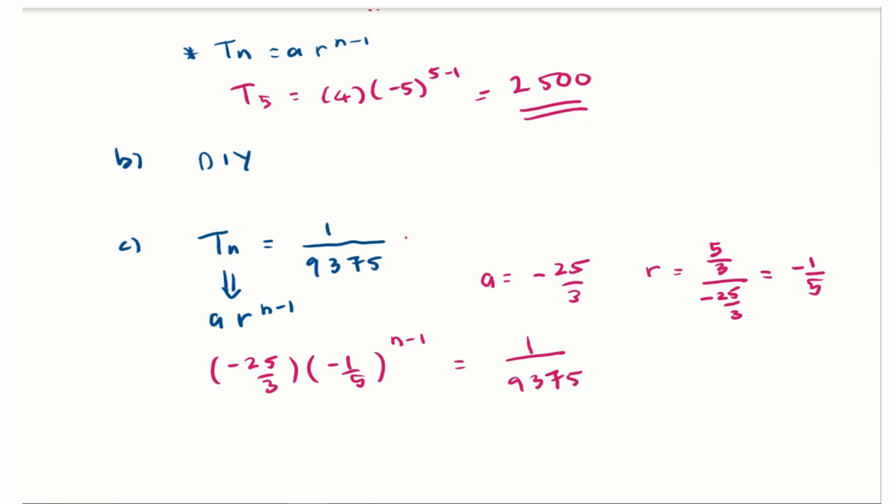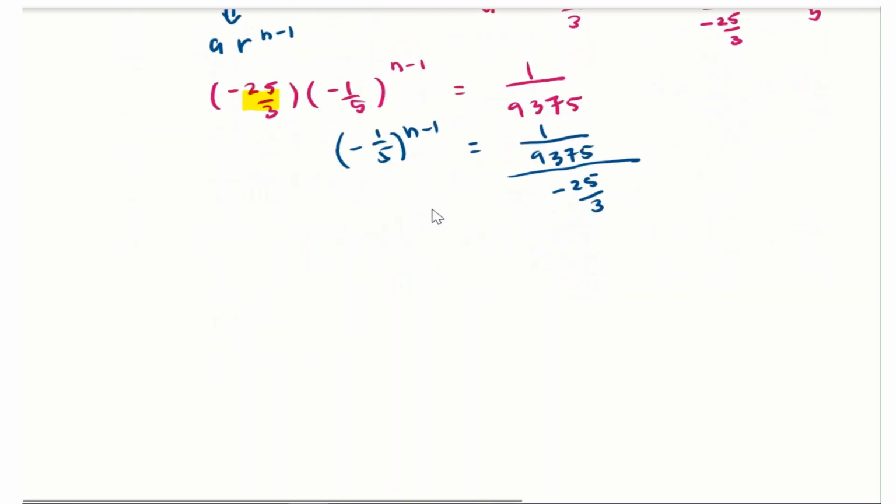So we have this equation, and we want to solve it to get n. So now what we can do is bring negative 25 over 3 to the right hand side. This one we get negative 1 over 5 to the power of n minus 1, and this one is actually 1 over 9,375 divided by negative 25 over 3.